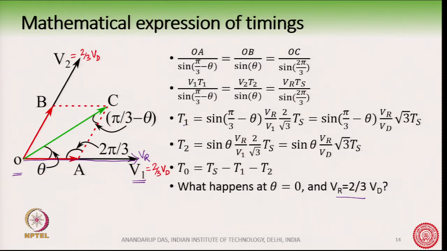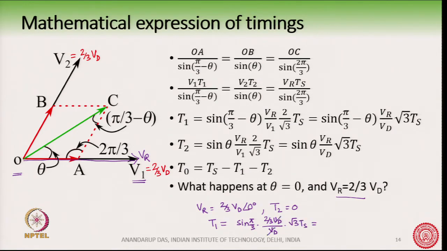This can also be understood from this expression. Suppose we say VR is equal to 2/3 Vd at angle 0 degree, which means theta equal to 0. So, T2 will become equal to 0, and if you substitute T1 in this equation, then we see that T1 will be equal to sin(pi/3) into 2/3 Vd divided by Vd into root 3, into Ts.